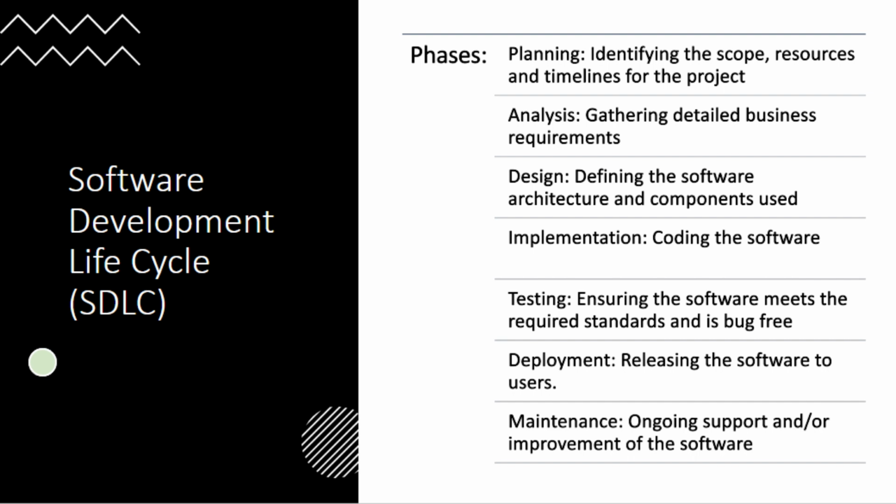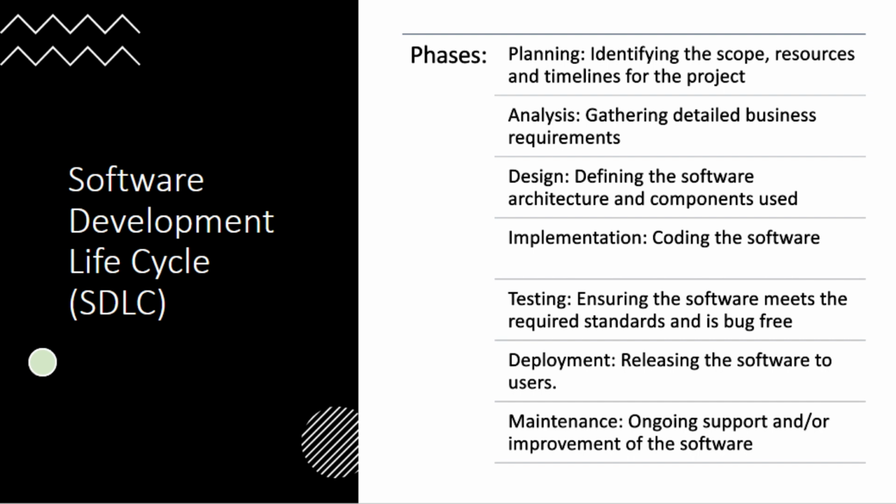Software development design involves the creation of a detailed system design based on the requirements gathered in the previous phases. Implementation involves writing the code for the software application. Testing involves ensuring the software meets the requirements and is free of bugs.